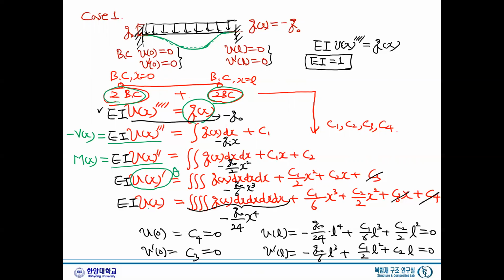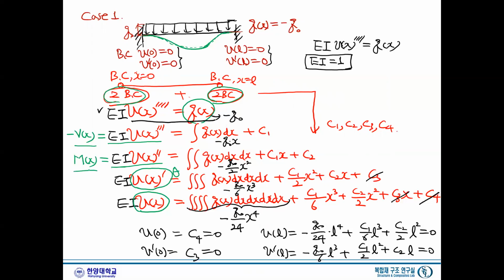So again, this V is deflection, and theta is the geometrical rotation, and EI times the second derivative will be moment. EI times V third derivative is the shear force. Okay, this is the physical meaning.